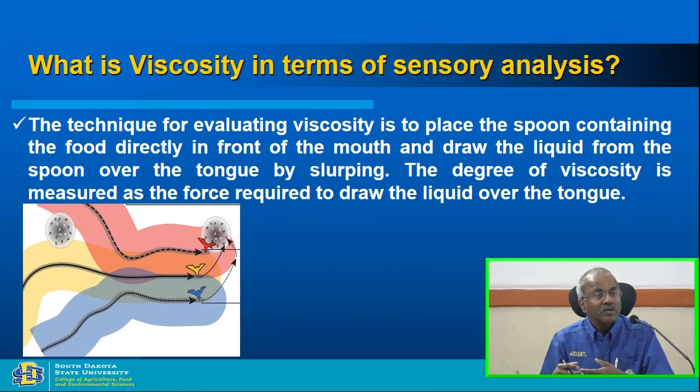Easier slurping, lower viscosity. So the degree of viscosity is measured as the force required to draw the liquid over the tongue. I think this is probably the best way to evaluate viscosity in terms of sensory analysis.